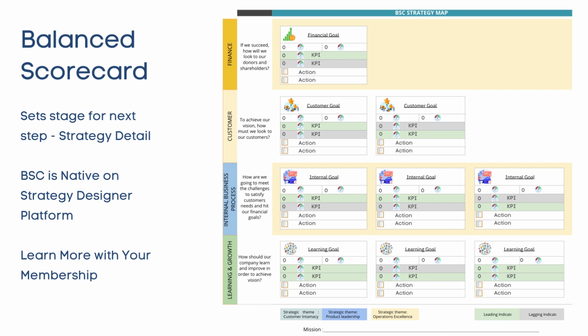As I said earlier, the Balanced Scorecard is one of the most popular frameworks for strategy, planning, and execution, and central to VNC's strategy planning model and our designer platform. The VNC Designer Platform supports this framework natively and its use throughout the entire strategy planning process.